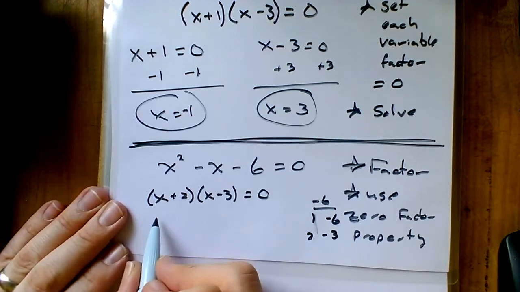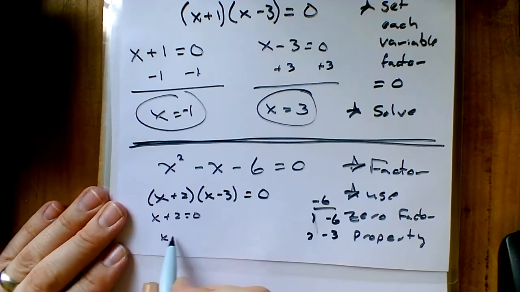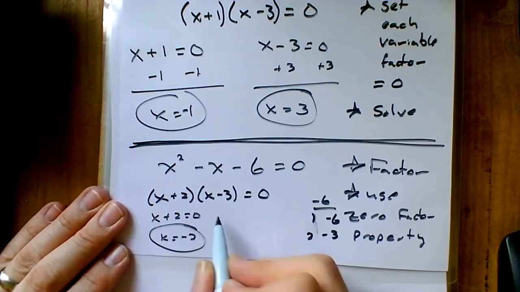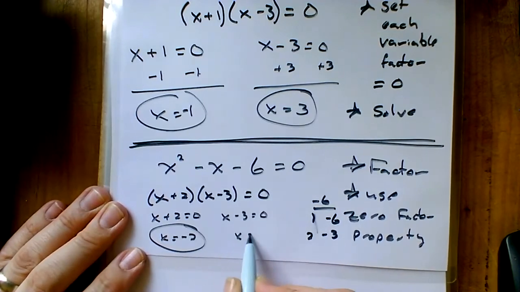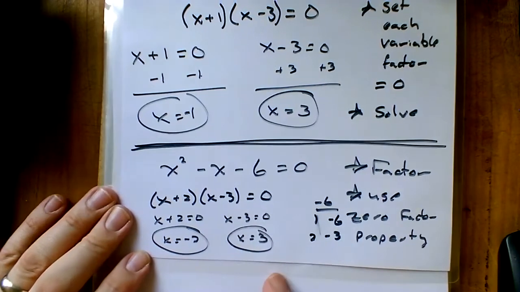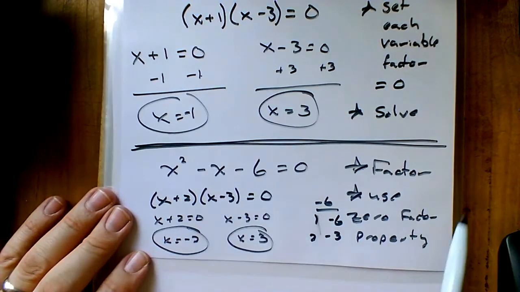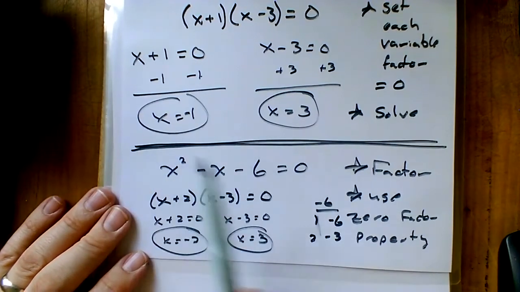This is going to give me solutions of x equals negative 2 or x equals a positive 3. I seem to like that x minus 3 factor. But we can use that all the time to solve these.